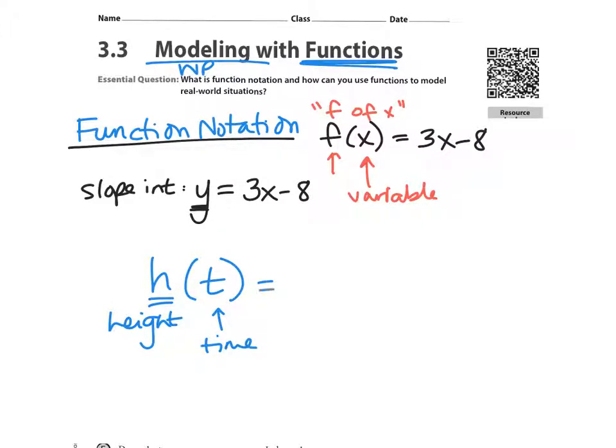And you would expect your equation to look like, I don't know, something like 20 plus 1t, right, where t stands for time. So notice that the variable that you see in these parentheses is going to match the variable that you see in the equation. So let me show you a few applications of this function notation, and then we'll dive into the modeling.